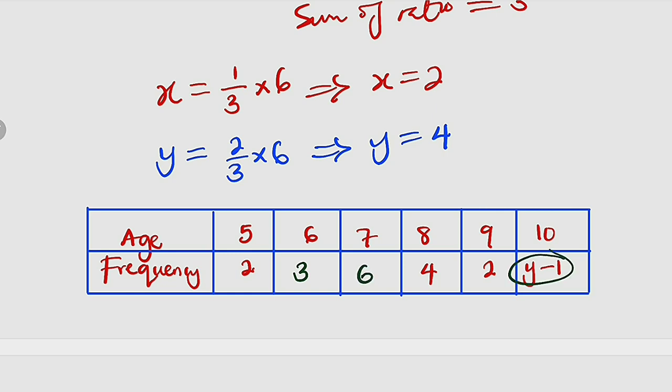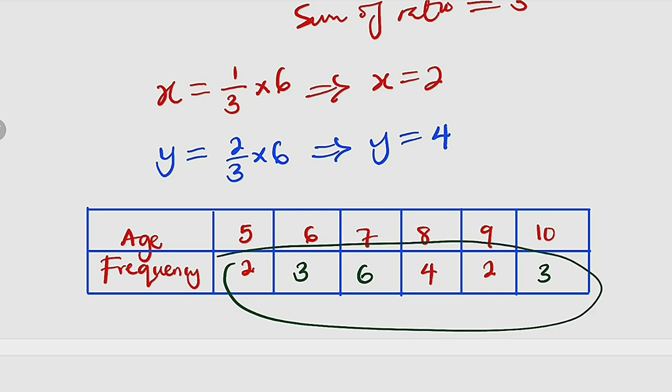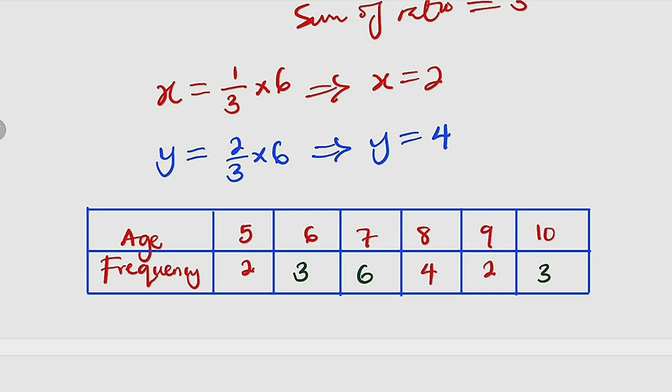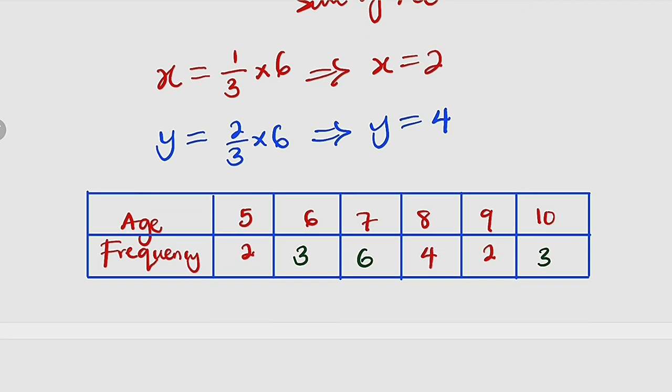Then lastly, we have y minus 1, which means 4 minus 1, which is 3. And you can confirm whether this is equal to 20, because according to the question, we have 20 children. So let's just add them. This plus this is 5 plus 6. We have 11 plus 4. We have 15, 17, 20. So this is correct.